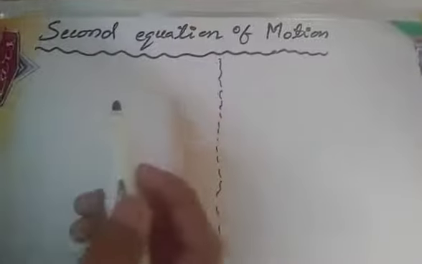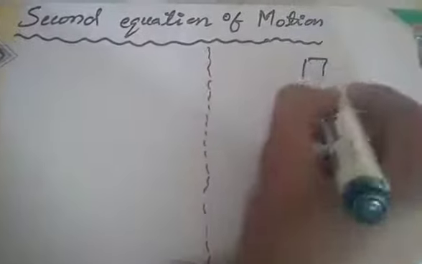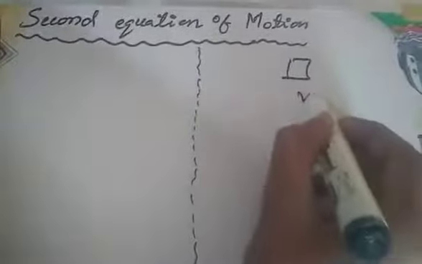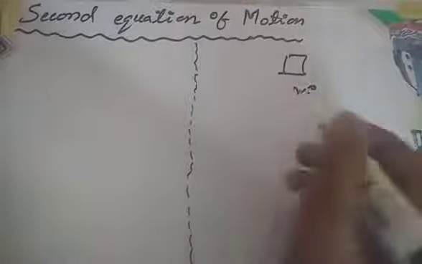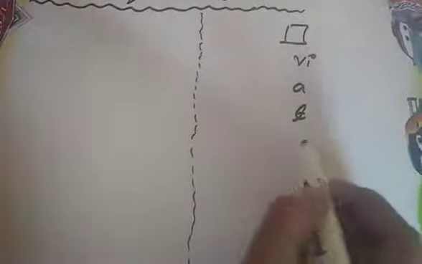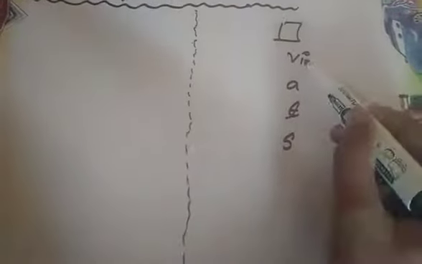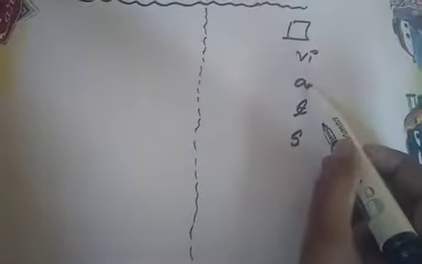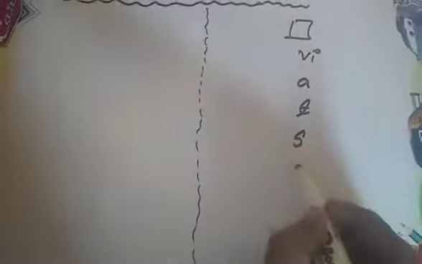Let's suppose a body is moving with the initial velocity Vi and a uniform acceleration for a period of time t, and it covers the displacement S. During this constant acceleration it attains the final velocity Vf.